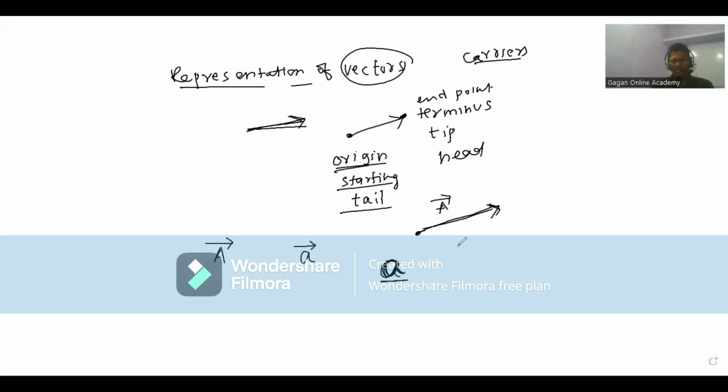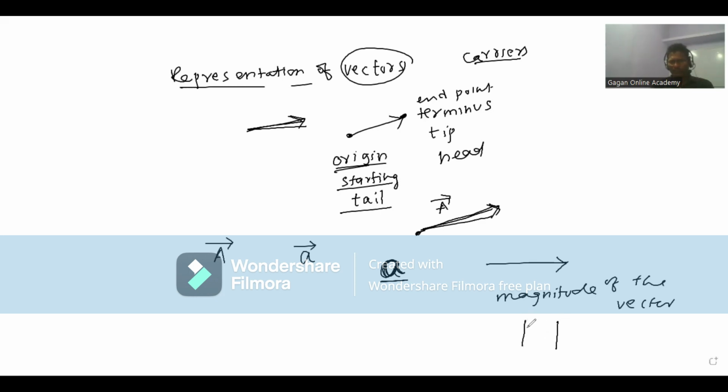Next thing is the length of this vector is called magnitude of the vector. The magnitude of the vector is denoted by using modulus symbol.